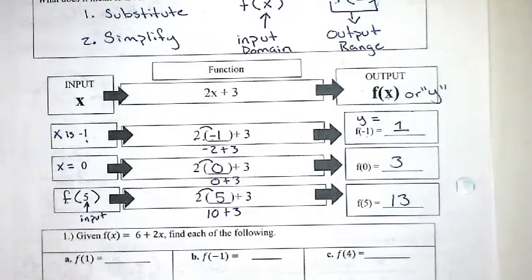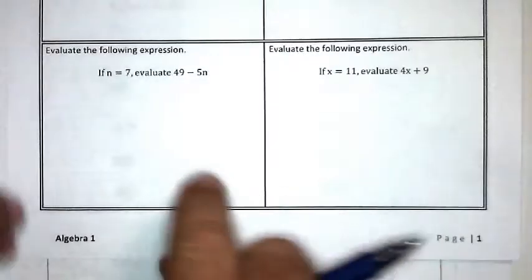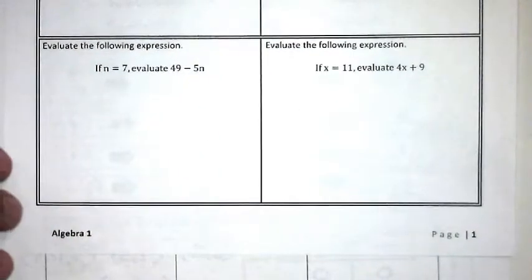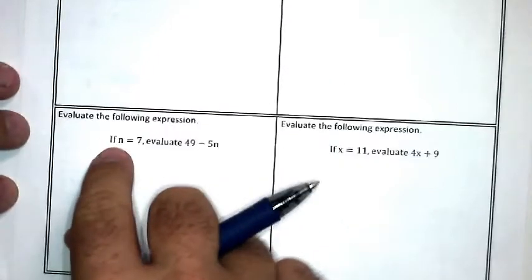I wonder where I've seen this before. This is your Algebra 1 math review, the quiz. This is the first math review quiz we took. I look at the very far bottom questions. Evaluate. Evaluate. N is 7. Where'd I put it?